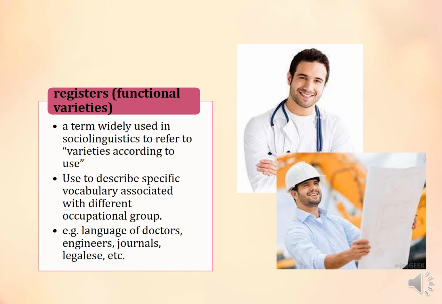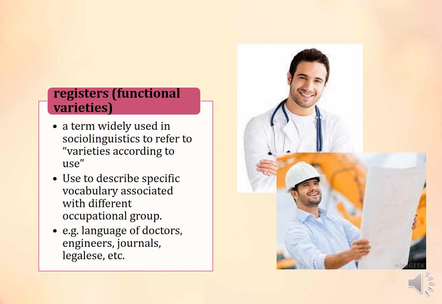After that, we have register. What is a register? The term is widely used in sociolinguistics to refer to varieties according to use, to describe specific vocabulary associated with different occupational groups: the language of doctors, engineers, journalists, and lawyers.